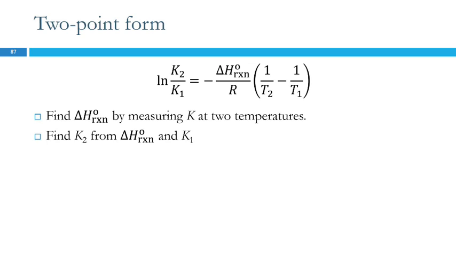Just 2 different ones, instead of doing a whole bunch and making a graph and a line and everything. Now that's going to be better, but sometimes you don't have that option. So we can use this to calculate delta H. If we know what delta H is, and we know the equilibrium constant at 1 temperature, we can use this to calculate the equilibrium constant at a different temperature.